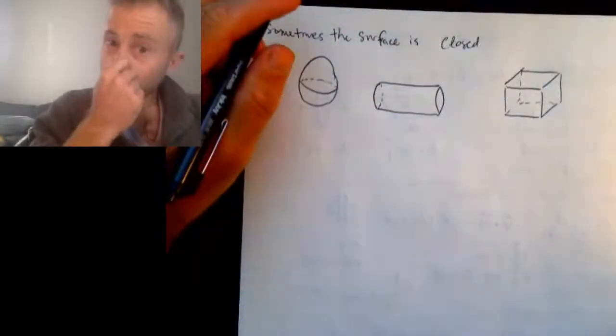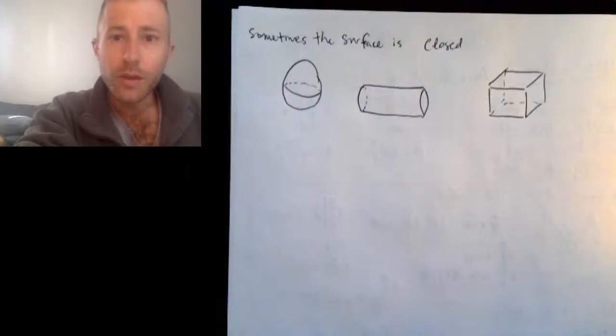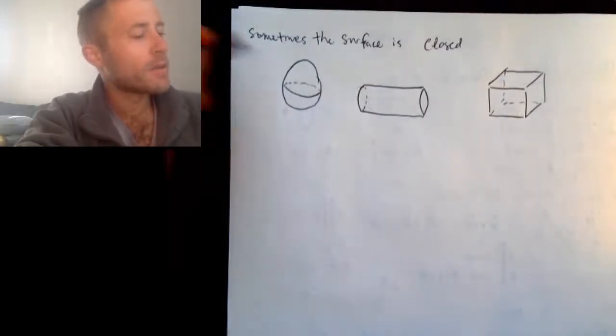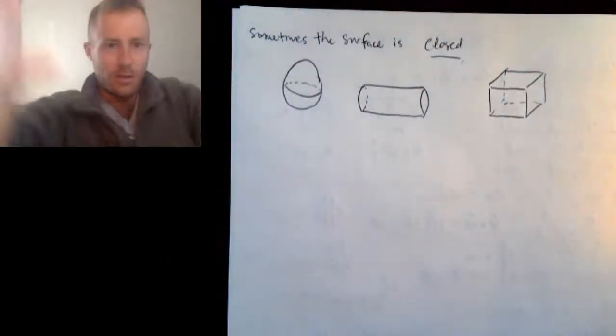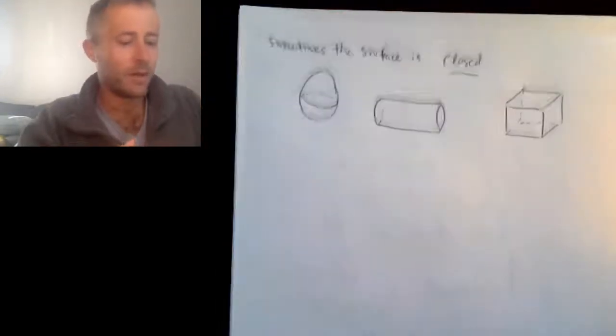So if you are trying to find the flux of the electric field through a closed surface, again, closed surfaces are enclosing a volume of space completely. A sheet of paper is not a closed surface, because you can go around the sheet of paper to get to the other side.